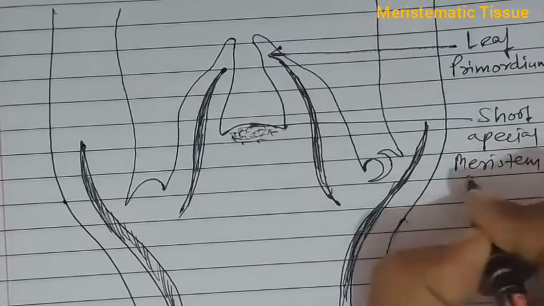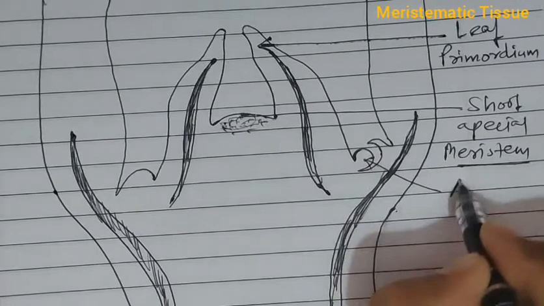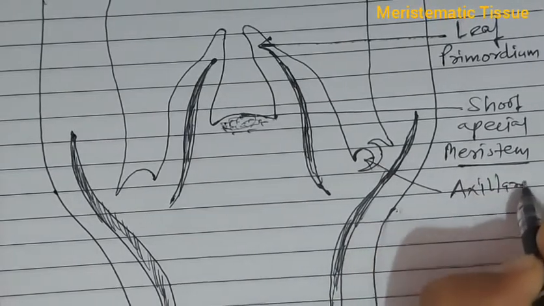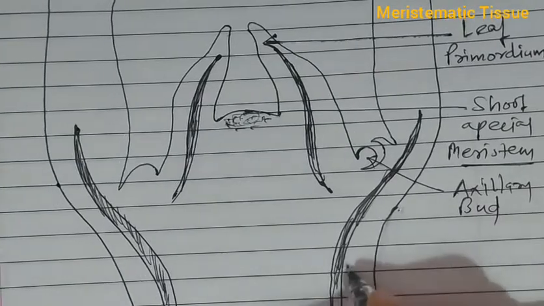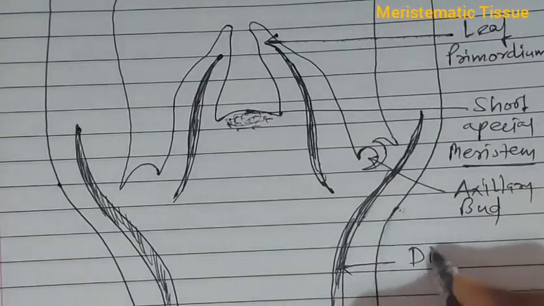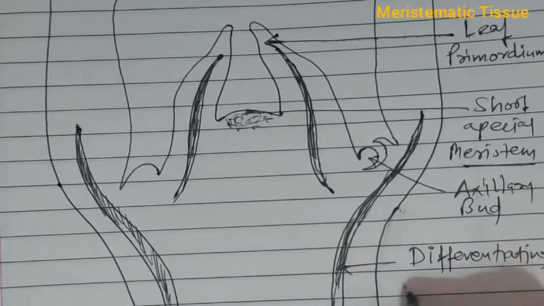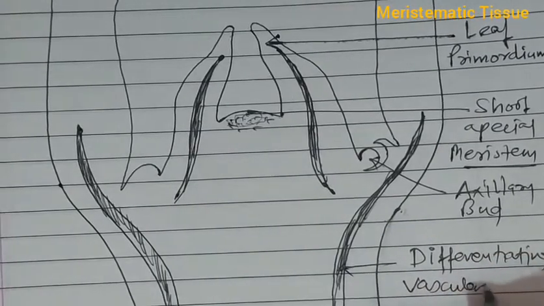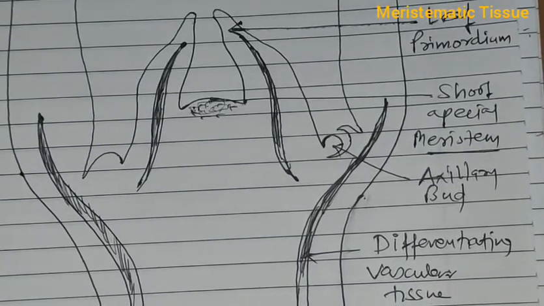So it is an apical meristem. Inner to that you will find the axillary bud, and then these are the differentiating vascular tissue, meaning vascular tissue is forming here. In such a way the whole shoot apex is organized. So it is the shoot apex organization.